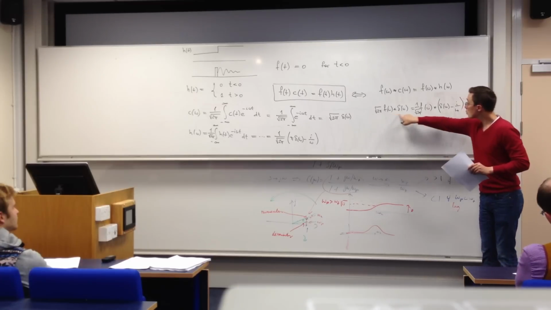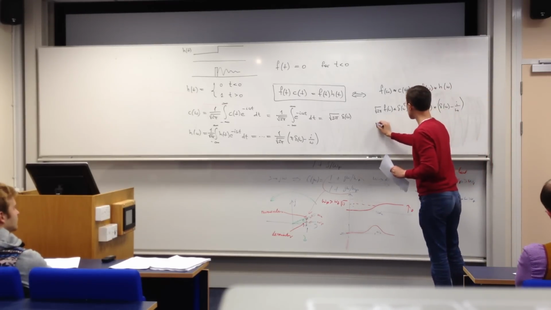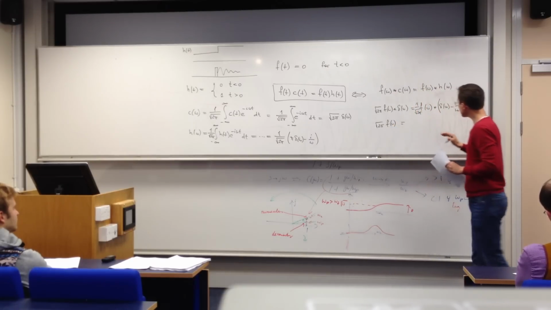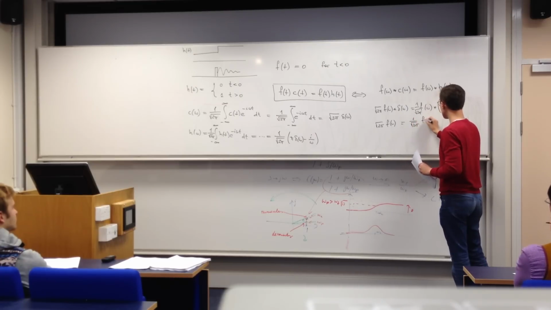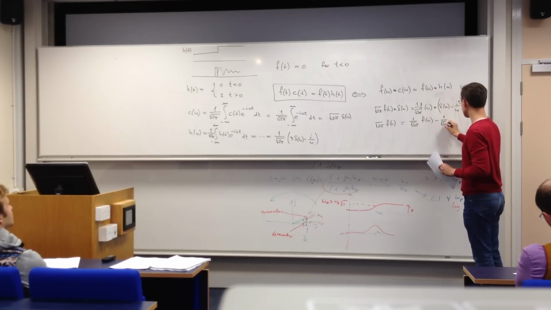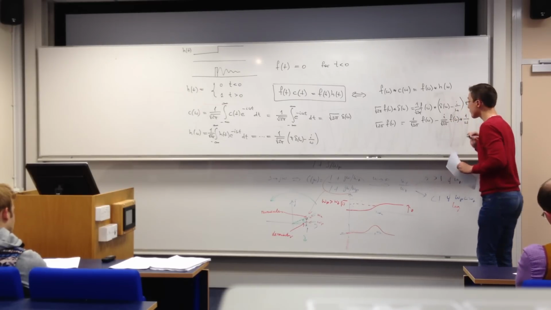Convolution with the delta function is equal to the function itself, so this is just root 2 pi f of omega. Then the same here: it's 1 over root 2 pi f of omega minus 1 over root 2 pi i f, or let's put it this way, i over 2 pi f of omega convolution with 1 over omega.